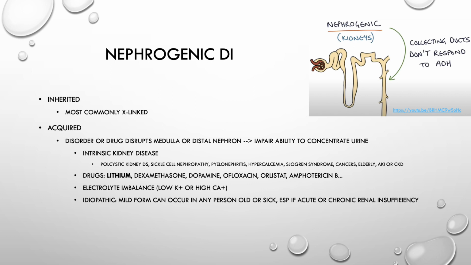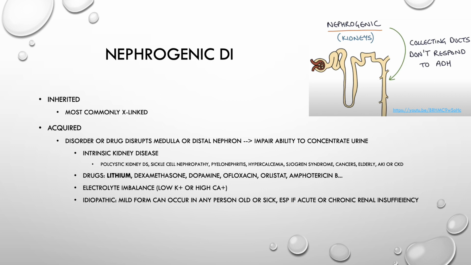Nephrogenic DI is most commonly inherited. It's X-linked, but we can also have an acquired disorder. And this is where we have a disorder or a drug that disrupts our medulla or our distal nephron, impairing our ability to concentrate our urine.